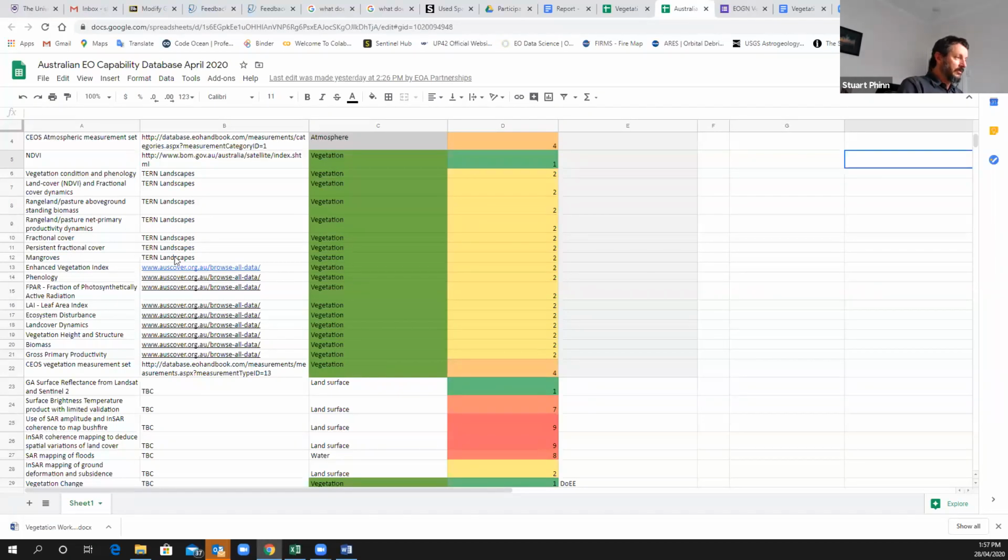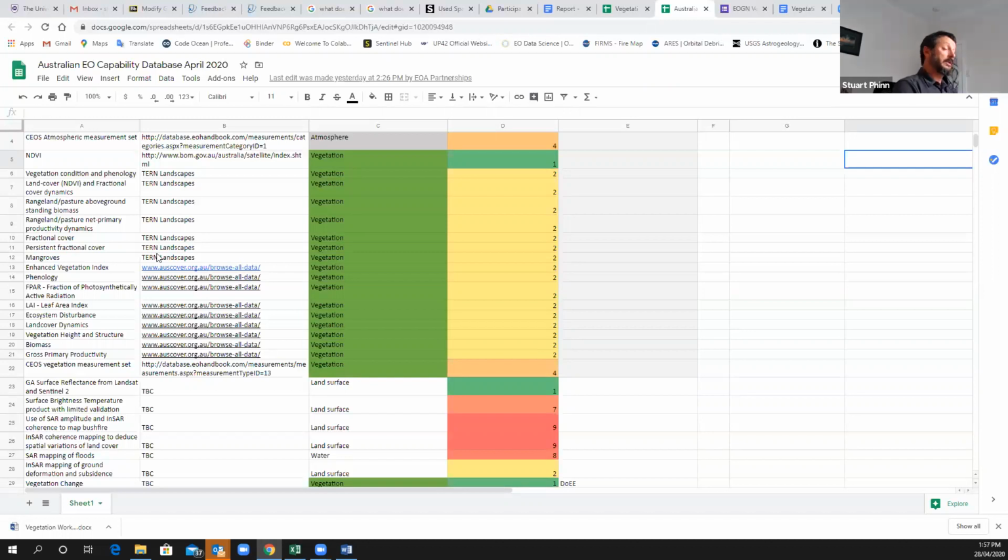Actually, the mangroves, Norman, correct me if I'm wrong, the mangroves has transitioned to a DEA. Yes, it has. Yeah, so we need to have that. And that we have the fractional cover from Landsat as well. Yep. Okay.